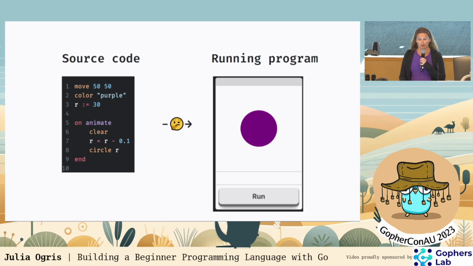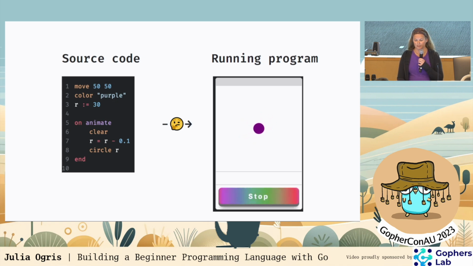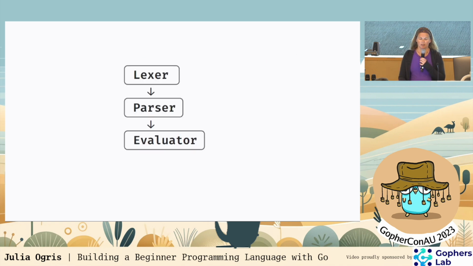But how do we actually get from source code to a program in execution? And where does the parser fit with all of this? There are obviously many, many ways of doing this, and I have picked the simplest possible way I could find, which is clearly not the most performant one. Maybe this is the slow reference implementation for something that comes later.